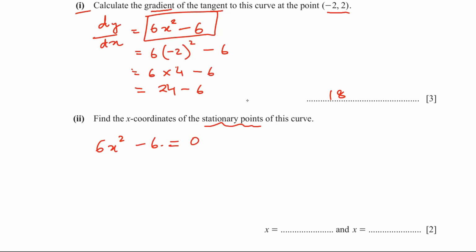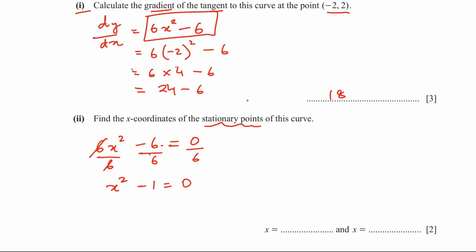Alright, now we need to solve this equation. Try to get rid of the coefficient of x squared. We can do that if we divide by 6, but now we need to divide every term by 6. So this will go away. We have x squared, minus 6 divided by 6 is minus 1. 0 divided by any number is 0.